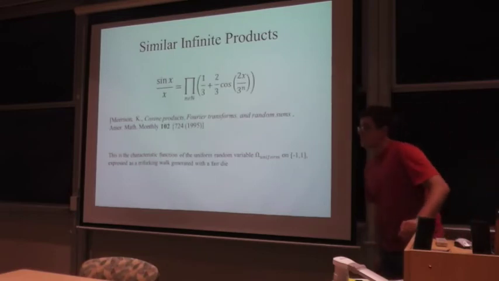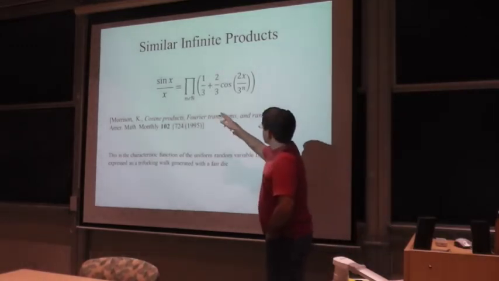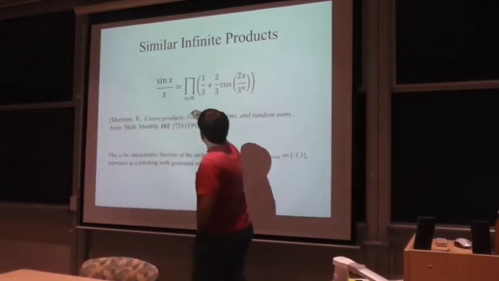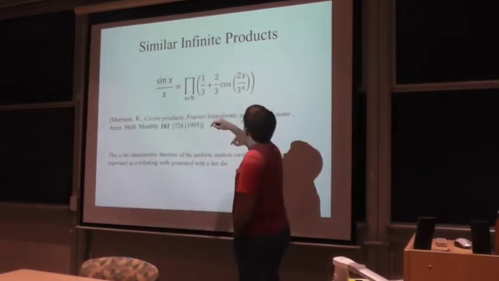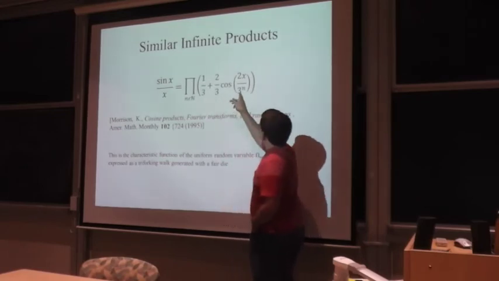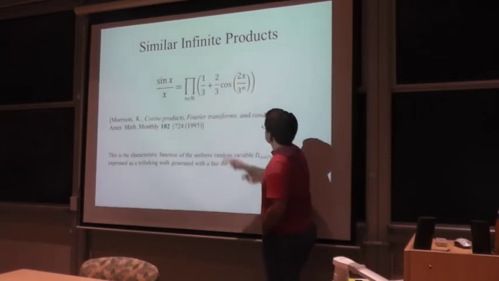Another one which struck us more is this one from Morrison, where it's very similar to what we had for the Cloitre function for p equals 1/3, q equals 2, except 1/3 and 2/3 are interchanged, and instead of having n to the q, we have 3 to the n, and some constant at the top.